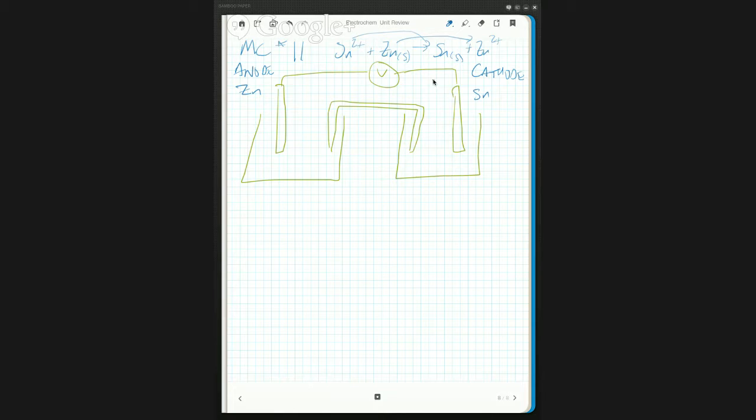All right. It doesn't really matter what we have in there. But the electrons are going this way. That means zinc 2 plus is coming out into solution, and tin 2 plus is going up onto the electrode.